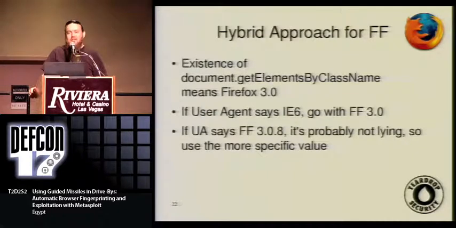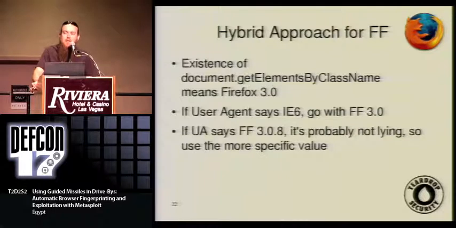Firefox doesn't have anything awesome like that. It just gives us the simple ways of using object detection to determine that it is Firefox. And we can get sort of a high-level version this way. So you can tell for sure that this is Firefox 3.0 by the existence of document.getElementsByClassName. Nobody else uses that, and it only shows up in 3.0 and newer.